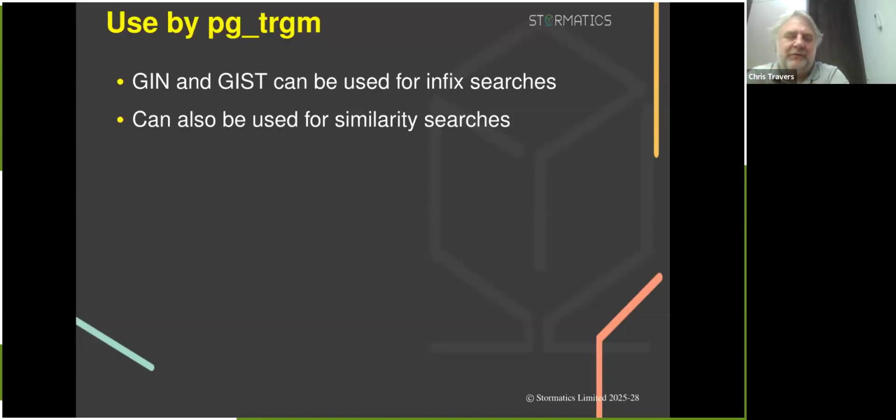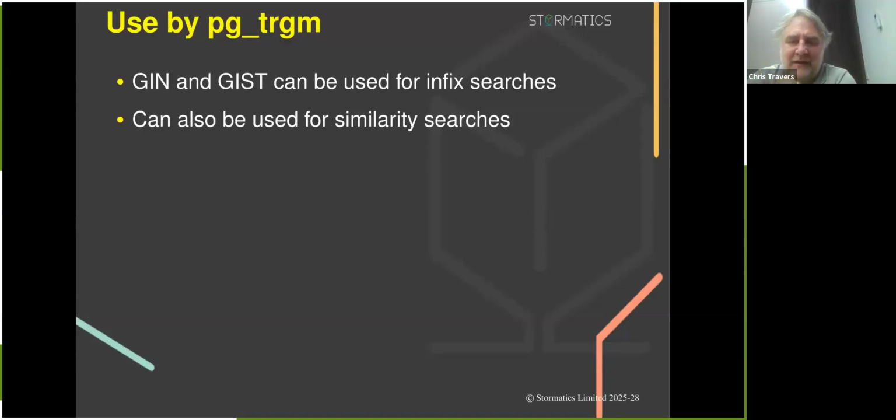And what it will do is break it down into a series of trigrams. TRGM stands for trigrams. And then we'll do a membership search on the trigram. And then for those matching rows, we'll actually go and recheck.